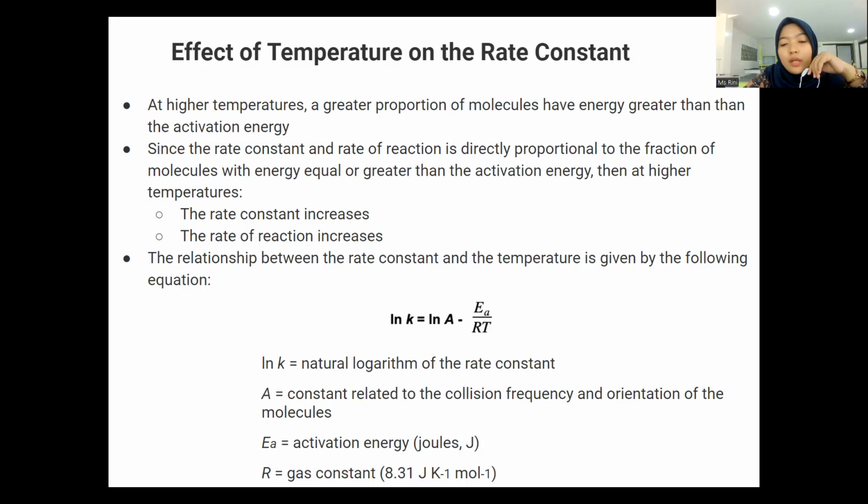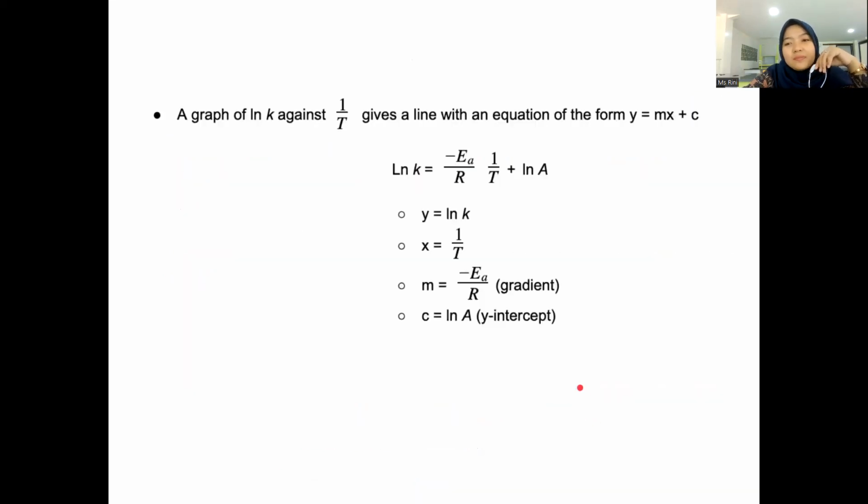But actually, we still can use this formula with the help of another formula that comes from a line equation. Do you still remember what a line equation is? Yes, y equals mx plus c.